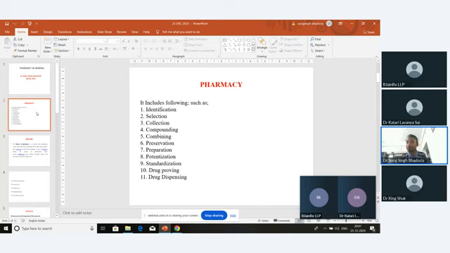Clear? So while preparing medicine, there are so many preservatives, drug substances, and vehicles. Sometimes when we mix the drug, vehicle and preservative in a definite proportion as per the pharmacopoeia, the new product or compound will have different physical and chemical properties as compared to the individual elements.